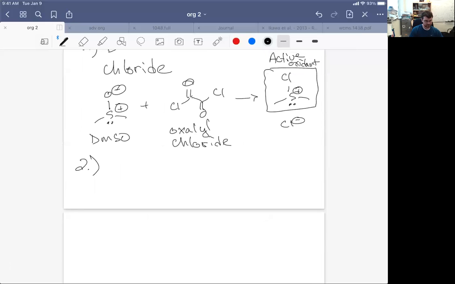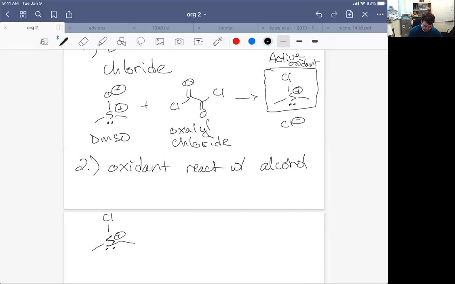Now in stage 2, we need to allow the oxidant to react with the alcohol. That's not going to give us our final oxidized product. Rather, we're going to do something like an SN2, a substitution-like reaction, where we take our active oxidant.